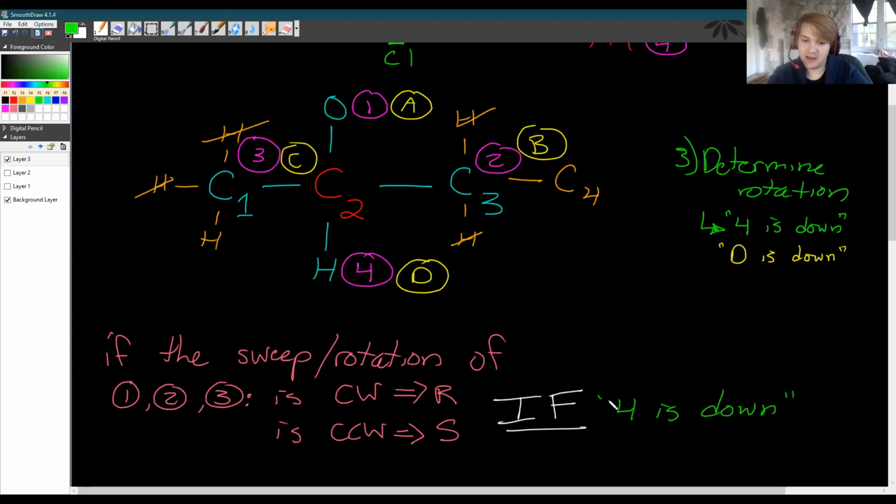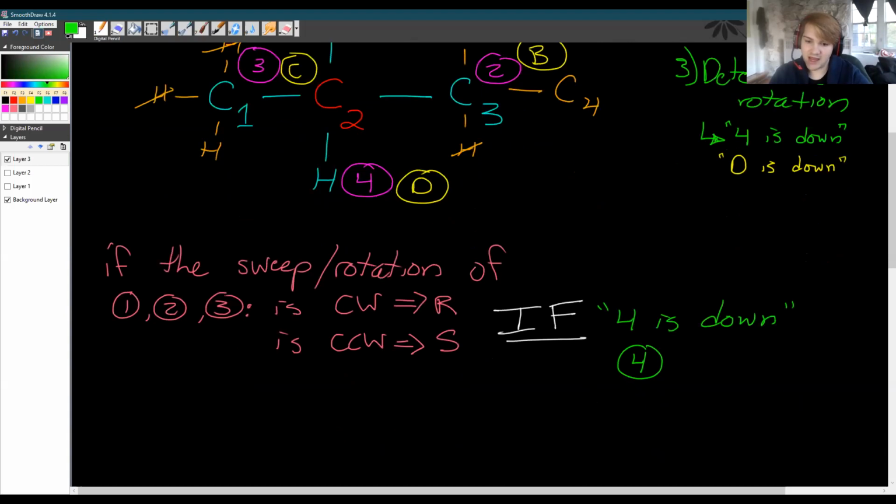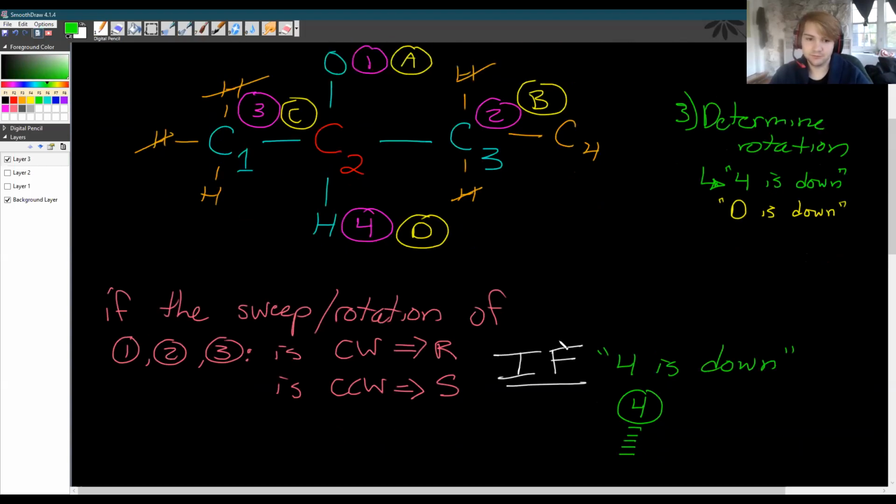And what do I mean by that? I mean that group 4 is on the dash. And so what I like to say for this is that I like to simplify this down and say the rotation is true if 4 is down.